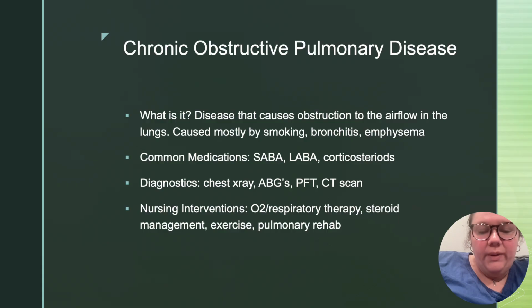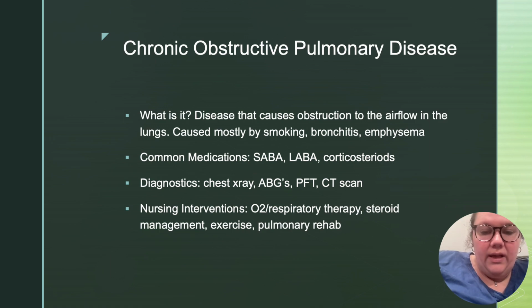Again, for these patients, we see a lot of times exacerbations caused by respiratory illnesses. Something like the common cold, to somebody who doesn't have COPD, they can fight it off. For somebody who has COPD, they'll end up becoming extremely sick.